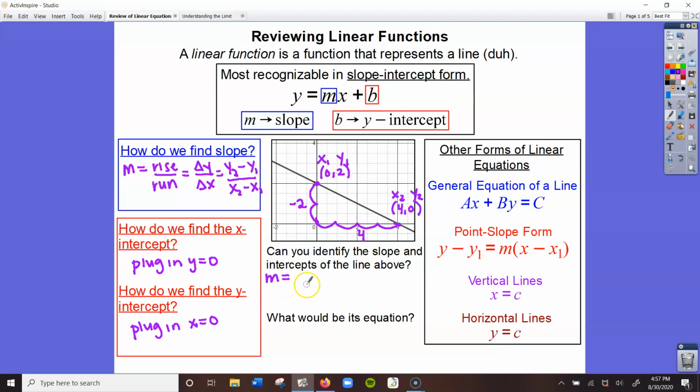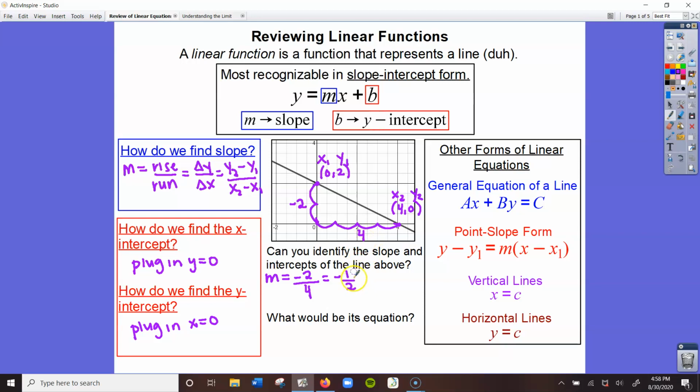Therefore, my slope, rise, that's the vertical change, which is -2, divided by 4 units to the right. So -2 over 4 can be simplified to -1 over 2. So this is my slope for that line. Now you always have to check, does this slope make sense?